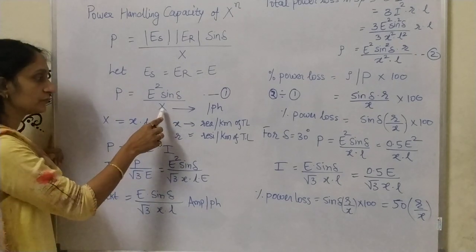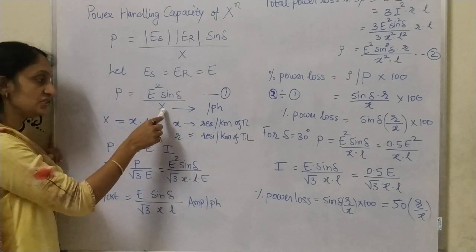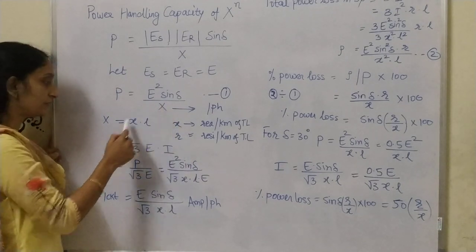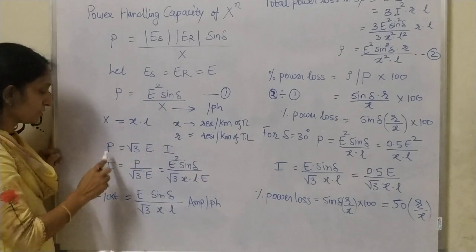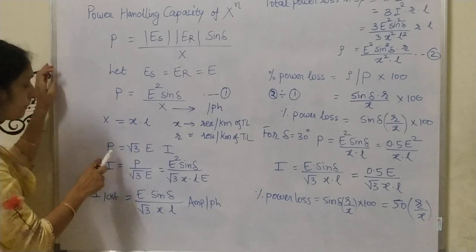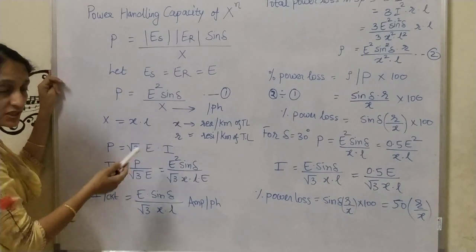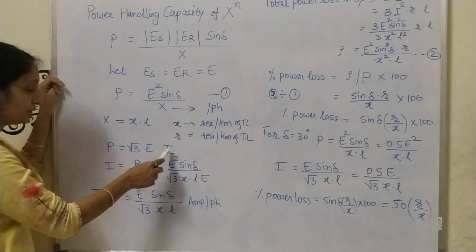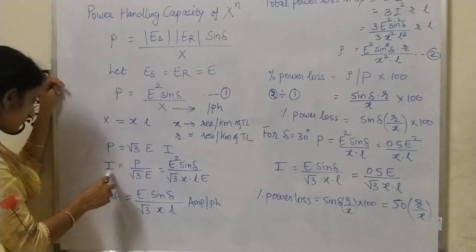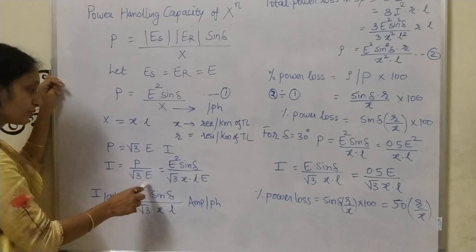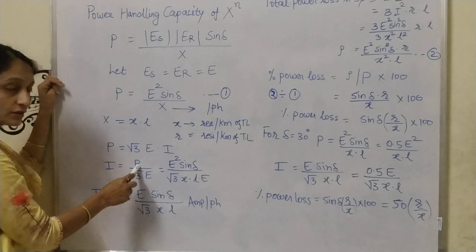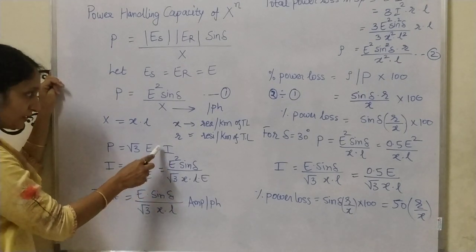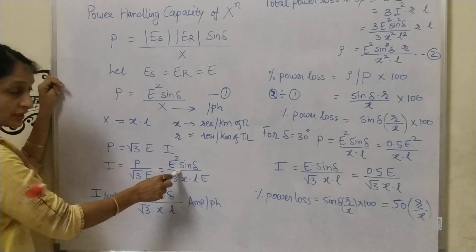So now in the expression we are replacing capital X with small x into L. So for the new expression, power is generally given by root 3 E into I. So I is equal to P upon root 3 E. Now substitute the formula of P that we have just derived.